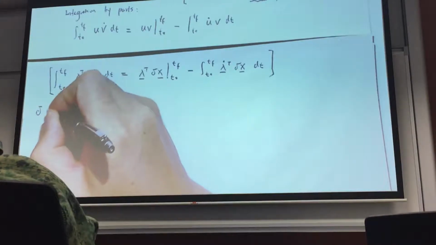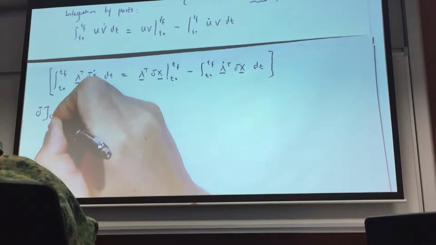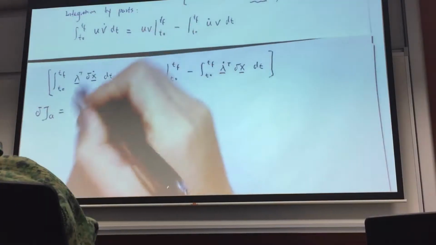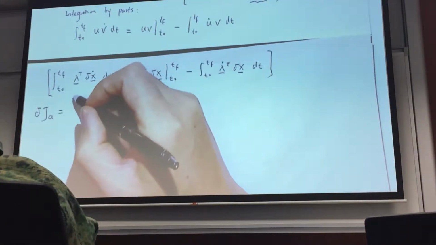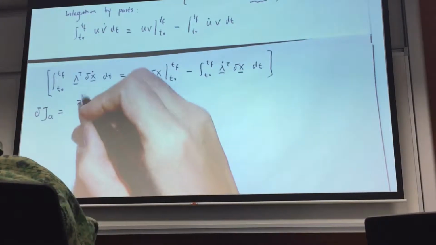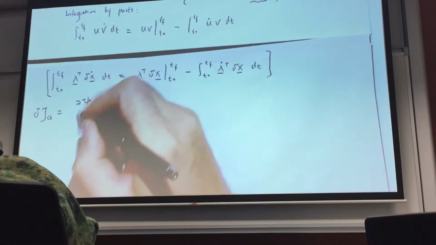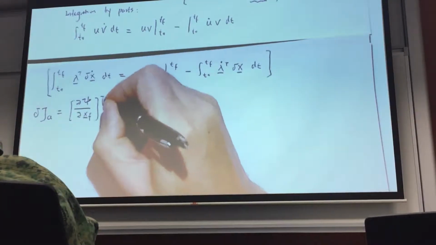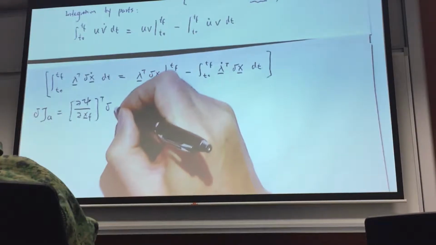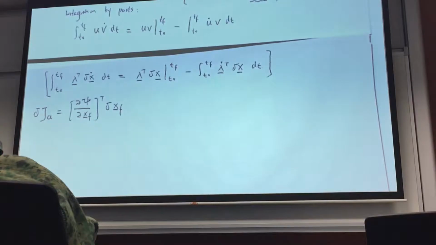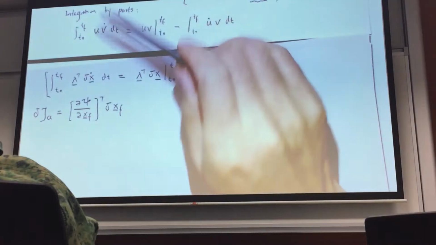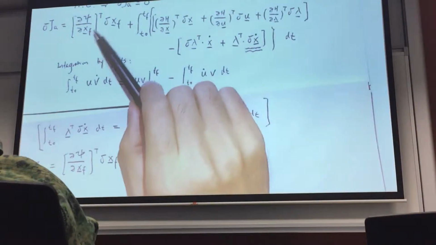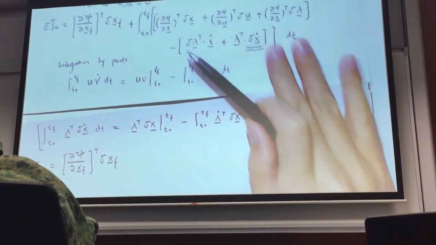So the perturbation of the augmented cost function is given by, so the first part corresponding to the final state, it's the dpsi/dxf multiplied by delta xf. So this is from our first equation here.